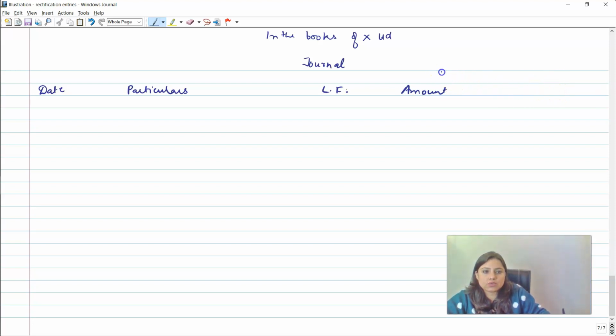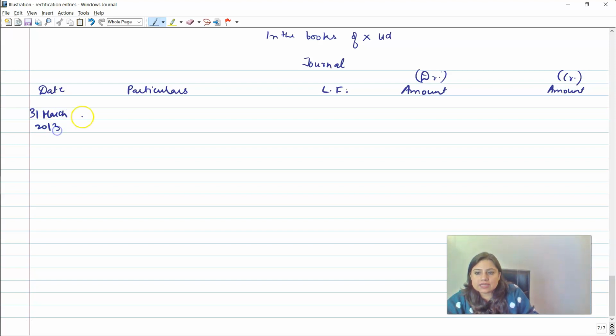And amount, so this would be the debit, and amount, that would be the credit. And because we would be closing the account, such entries would be passed on 31st of March 2013. As this is the closing entry, it would be passed on the last day of the accounting period.